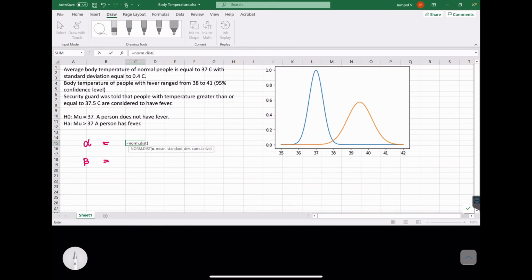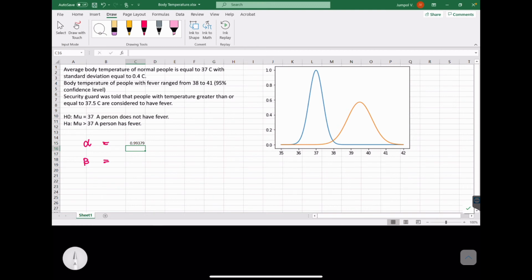And x is 38, and the mean is 37. The standard deviation is 0.4. Cumulative, yes. And this is gonna give us this value.